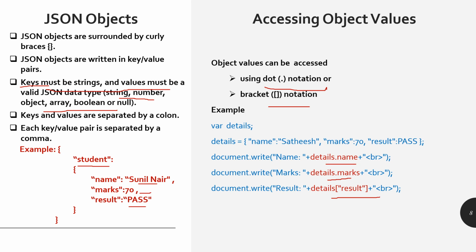This variable is assigned here, and what exactly is the value we get using detail.name? Here we will get only this name. Here marks. Then for the last one, the result pass like that we will get. This is about accessing object values.